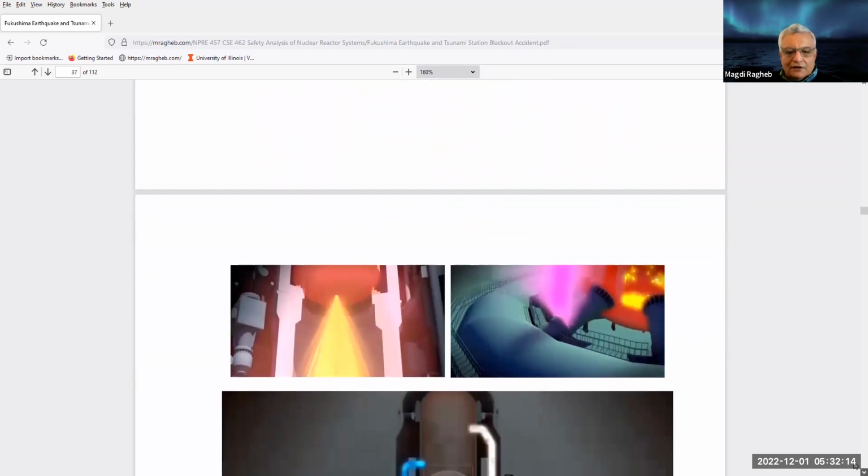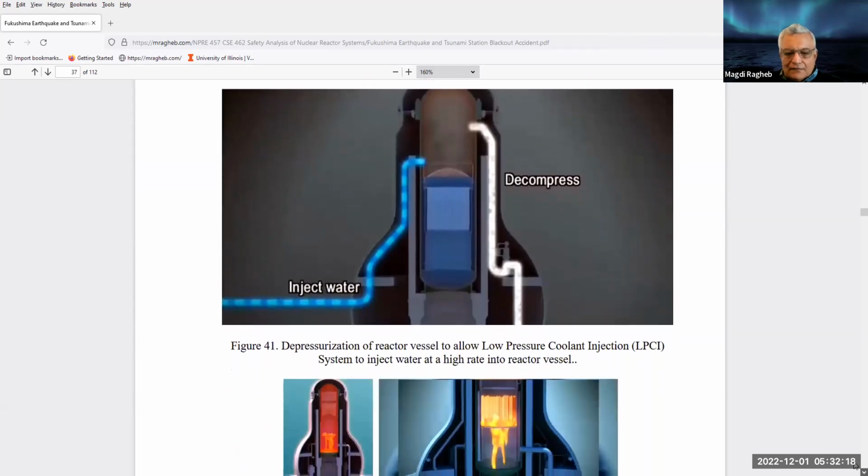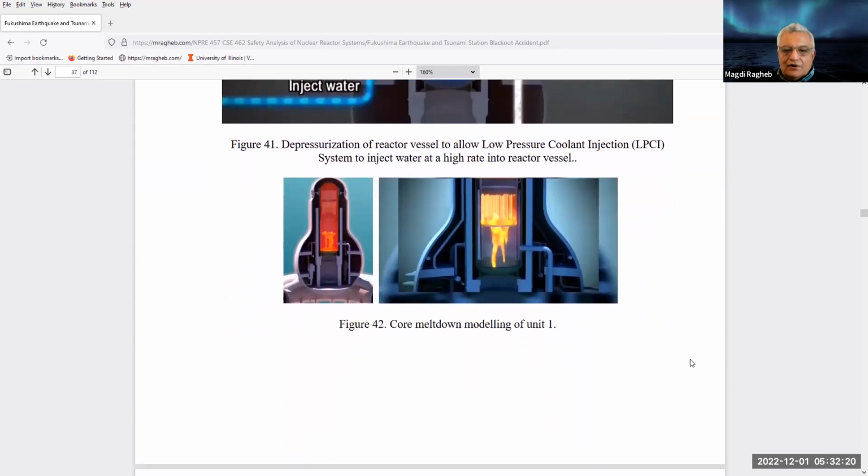And in fact, this is what TEPCO tells us suggests that part of the accident. They show here in the diagram the core melting in unit number 1. They show that the core melted up, and they show the molten core material. They do not show it interacting with water here that may have leaked into the dry well.